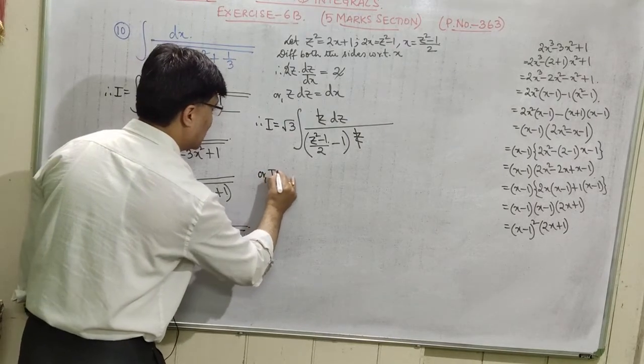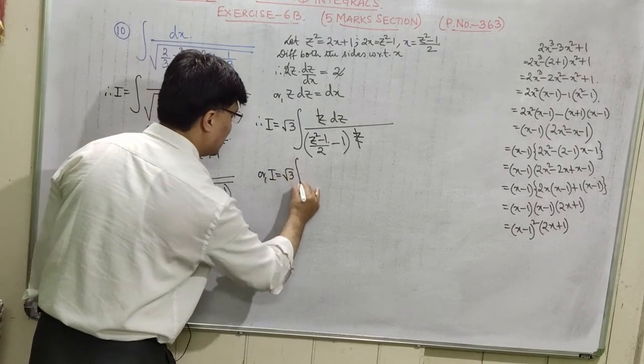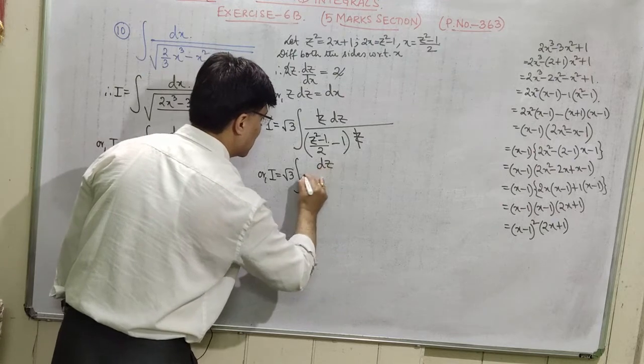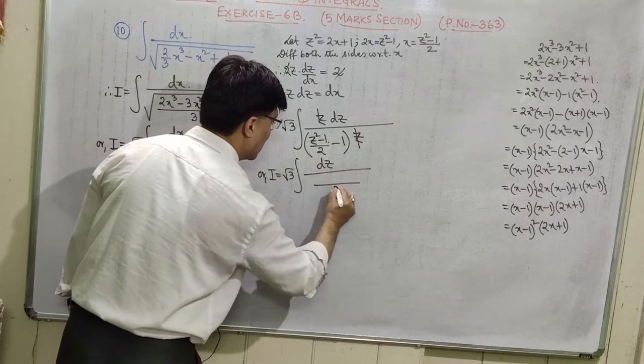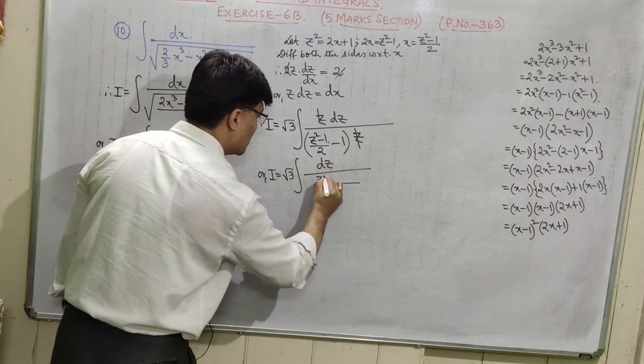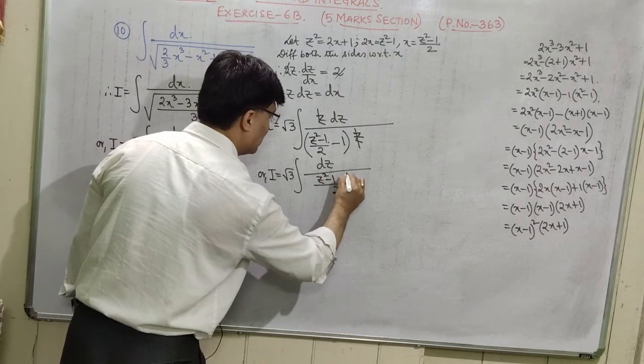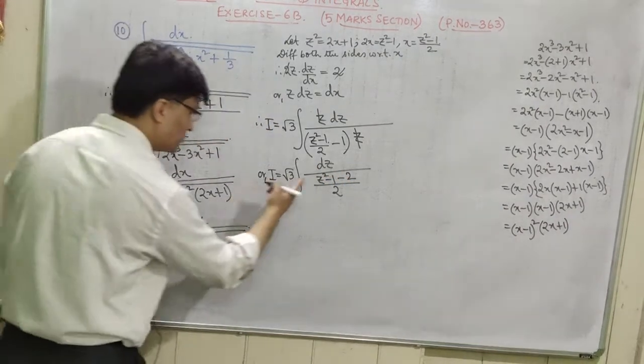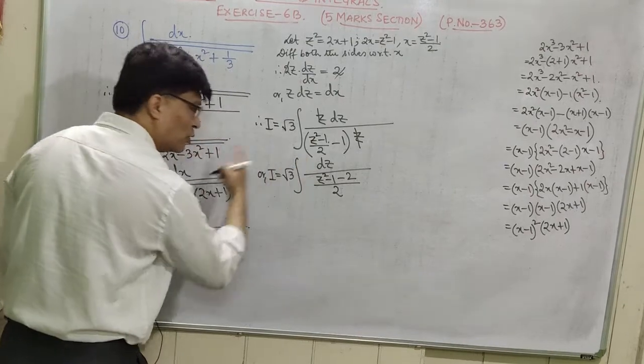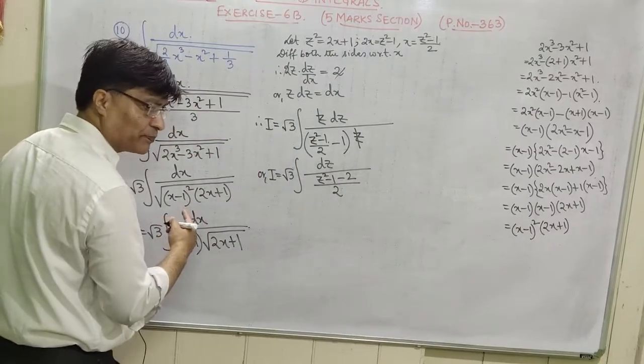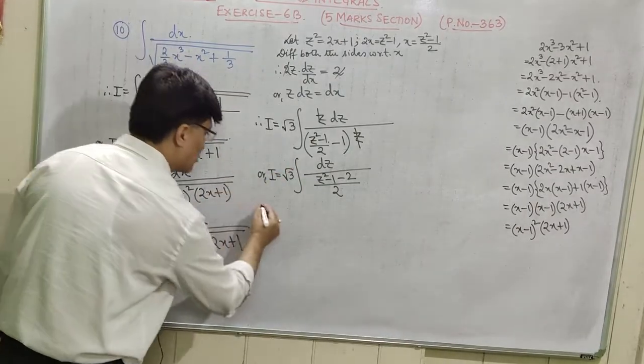So I is equal to root 3 integration of dz divided by, what's the LCM here? This is 2. So here we have z square minus 1 minus 2. Now this 2 goes up in the numerator after simplification. That 2 is a constant, taken outside.